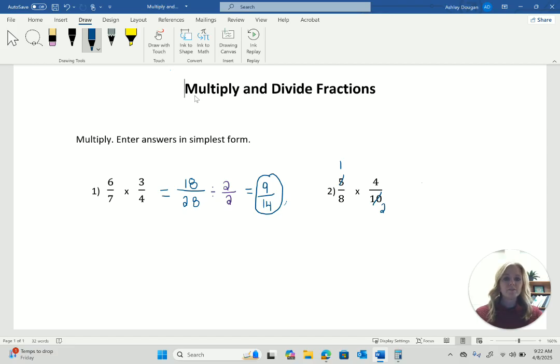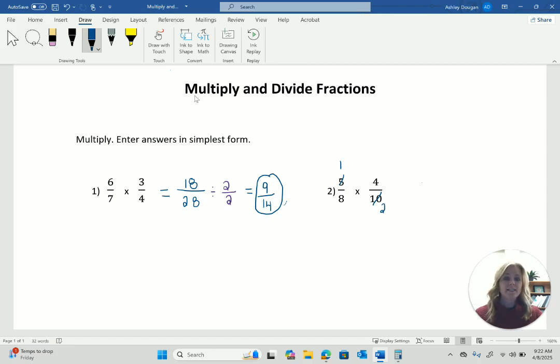5 divided by 5 is 1. 10 divided by 5 is 2. So my new values are 1 and 2. Now I'm going to look at these two. Sometimes maybe just one diagonal simplifies and maybe the other one doesn't. They don't both have to simplify. Sometimes neither one of them will simplify first.